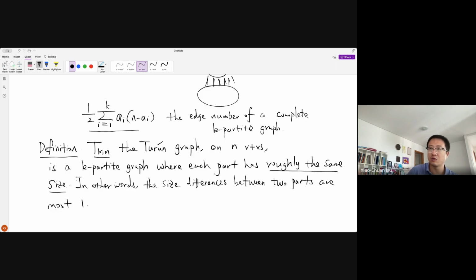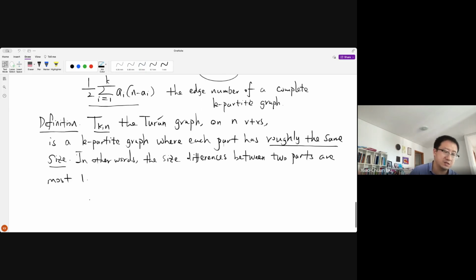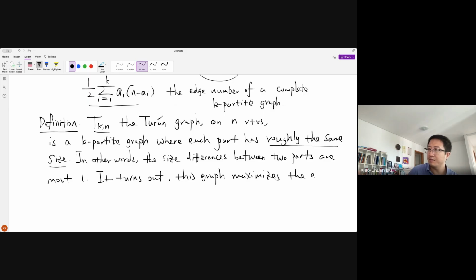This graph is called the Turán graph. It turns out this graph maximizes the edge number among all k-partite graphs.